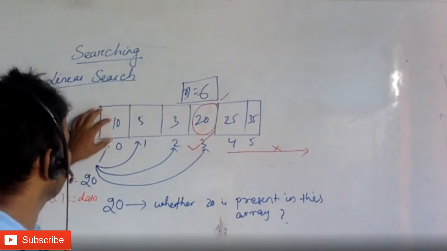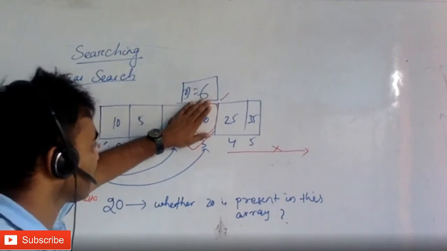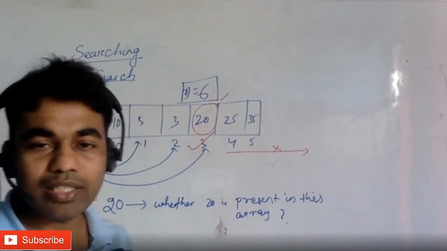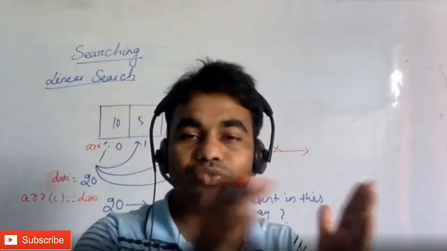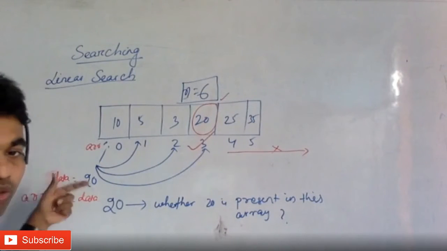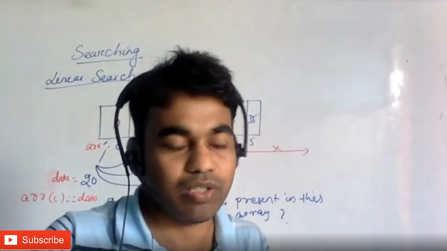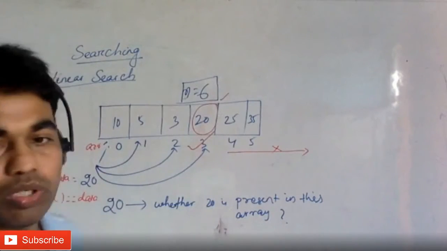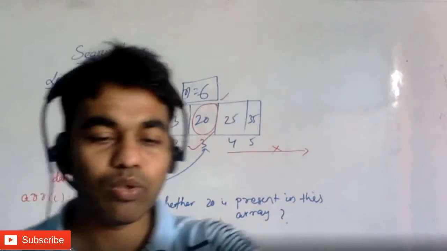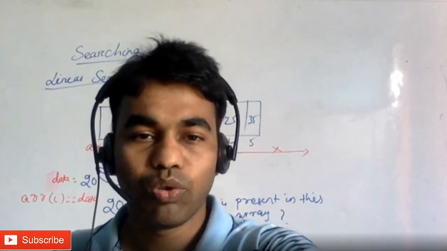You will try to search it here: 45 no, 45 no, 45 no. In this case, I did not find an exact match for the data I am searching for, 45. So in that case, you will return an index of -1, because -1 means there is no such index. That's how the algorithm will look.